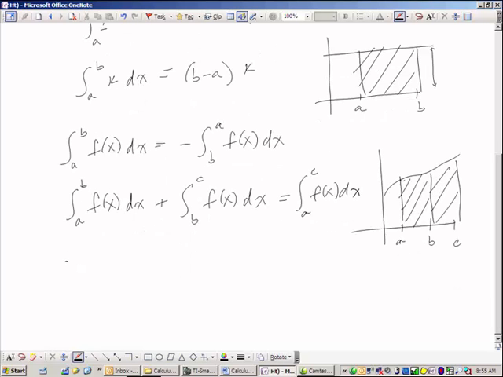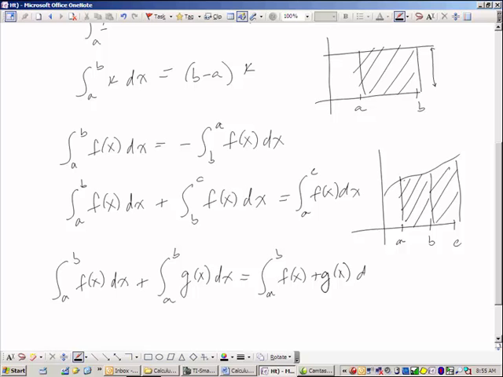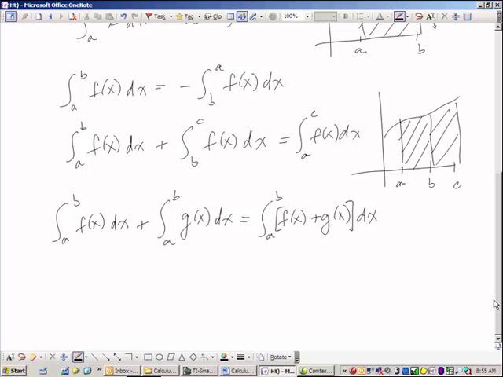And then, if you have, this one's a little bit harder to visualize, but if you have two different functions, and you want to find the sum of their areas, you could actually just add the functions and take the definite integral of that whole thing. And I'll try to draw a picture for that.